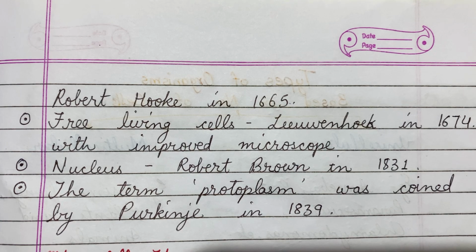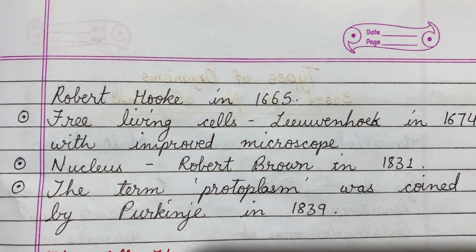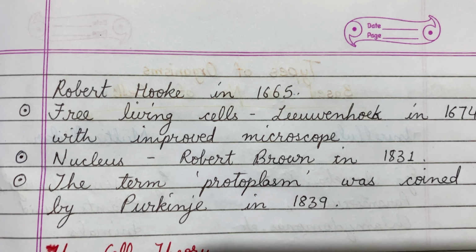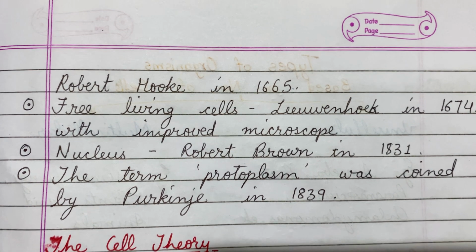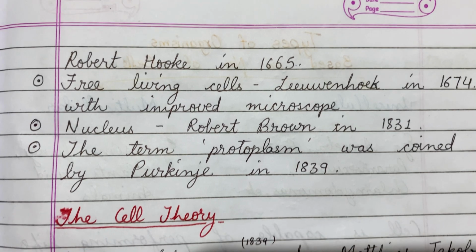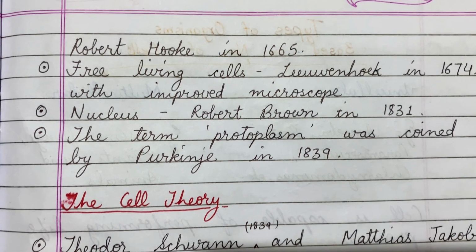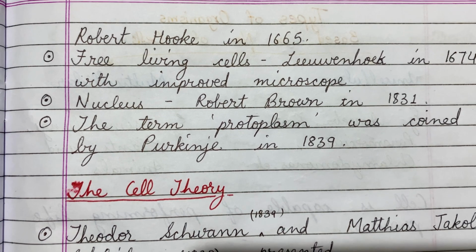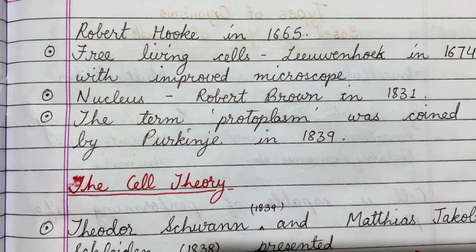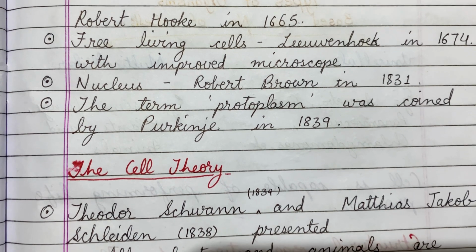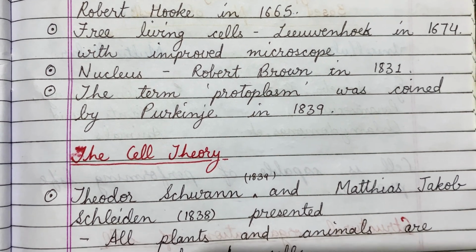Thereafter, in the year 1674, Leeuwenhoek discovered free living cells when he observed pond water under an improved microscope. After that, the nucleus was discovered by Robert Brown in 1831. Then, the term protoplasm was coined by Purkinje in 1839.